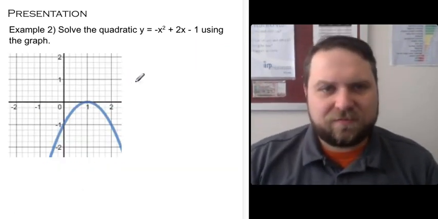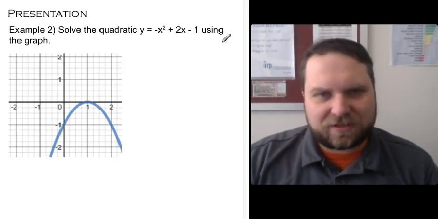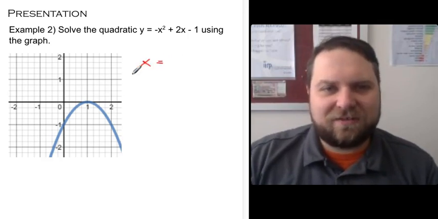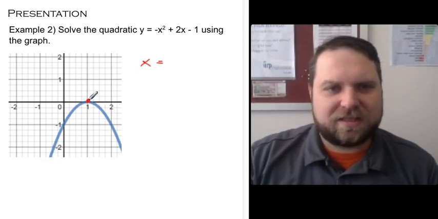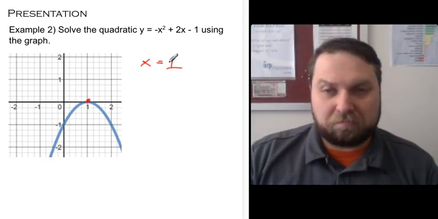For example 2, solve the quadratic y equals -x squared plus 2x minus 1 using the graph. So I'm looking for some value, x equals, and I just want the root. Notice I said singular right there. There's only one root.